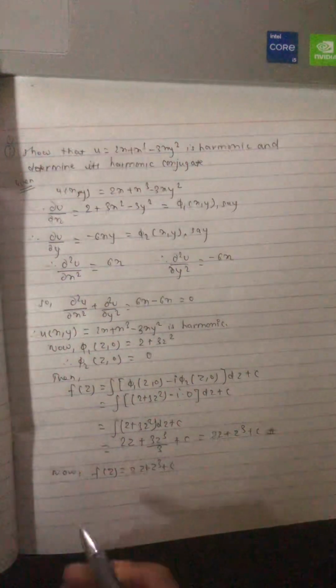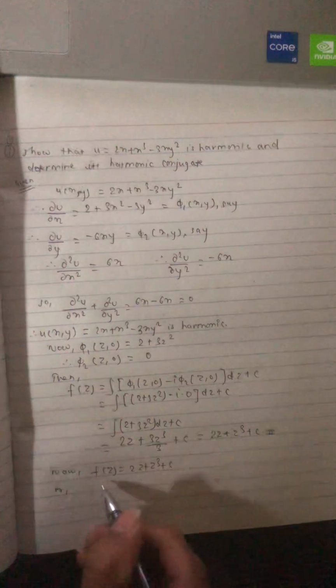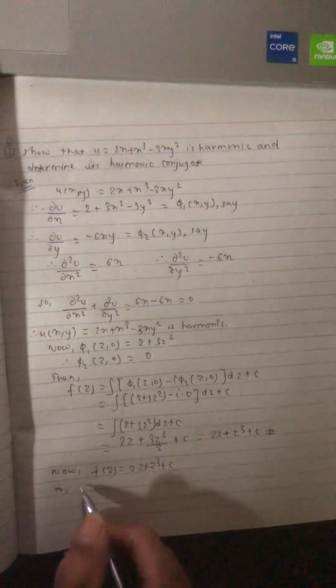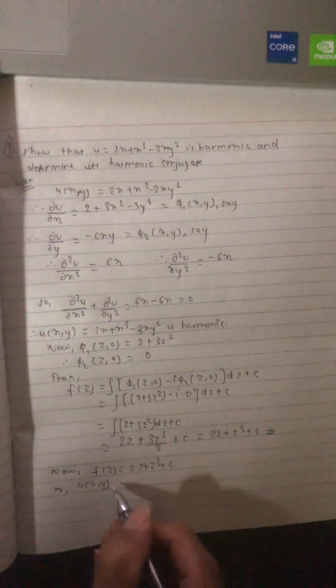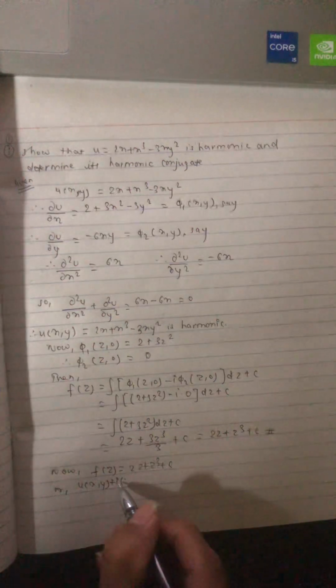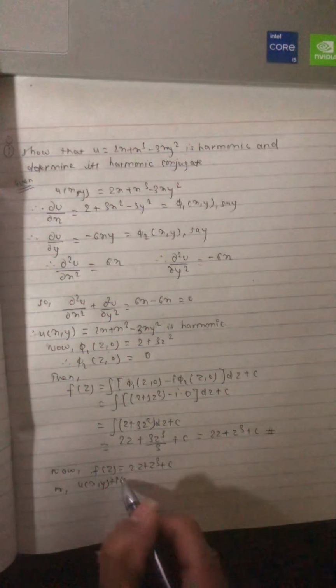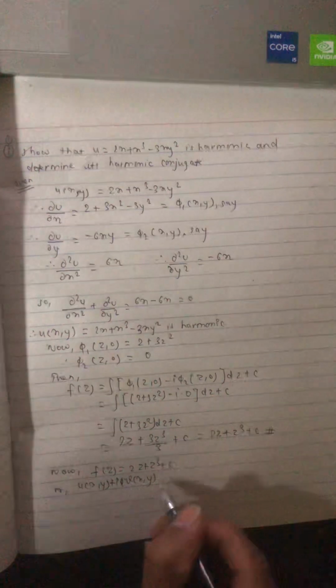We know that a function of z is the sum of a real and an imaginary part.